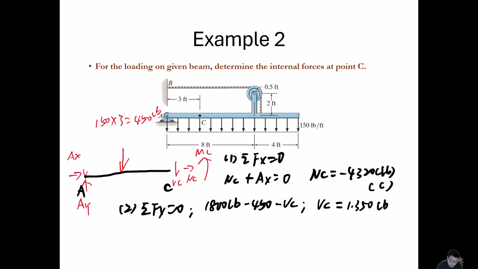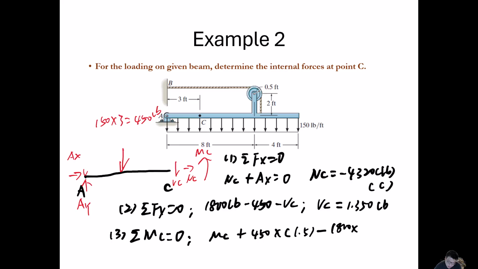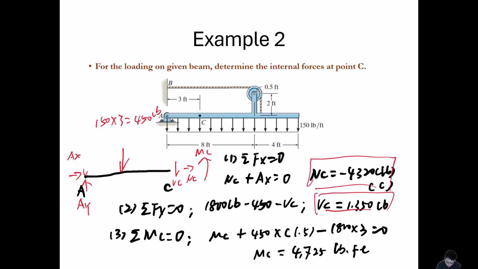Equation 3, sum of moments at C equals 0: MC plus 400. Okay, here is the answer. That's pretty much for today.